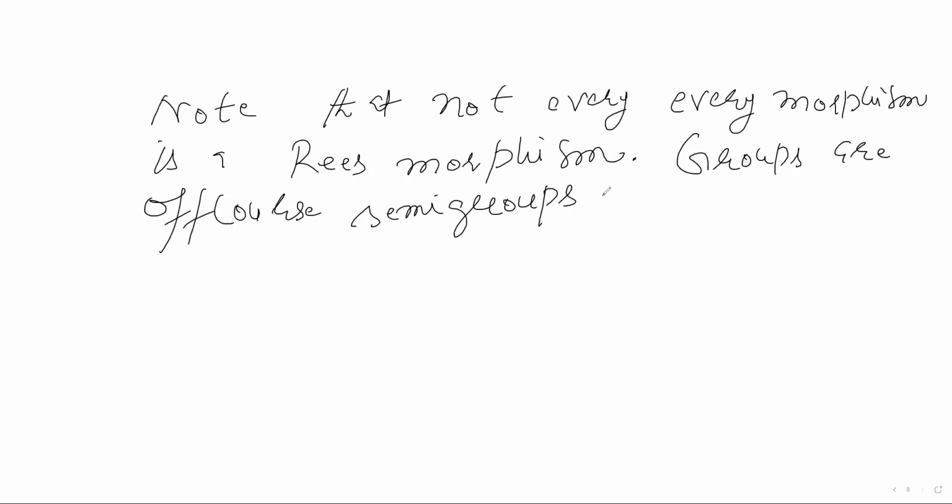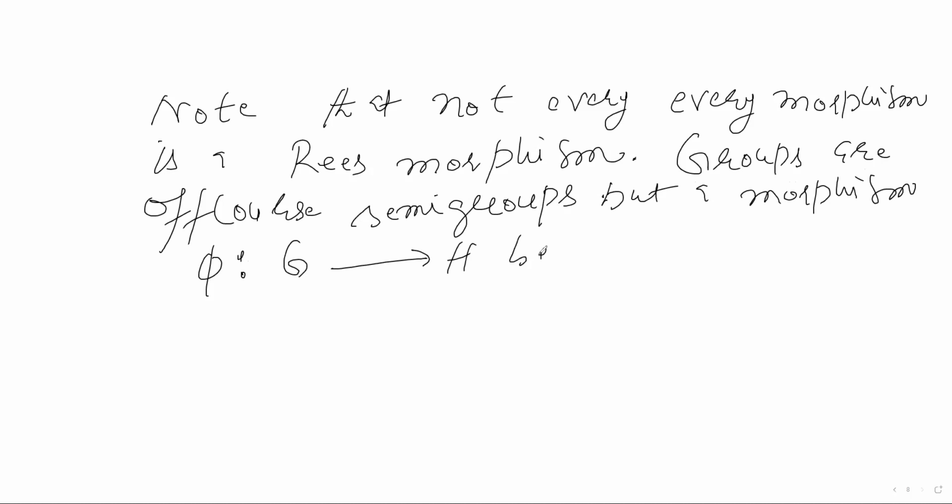But a morphism phi from G to H between non-trivial groups cannot be a Rees morphism.